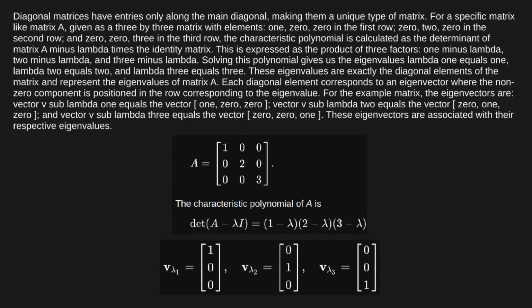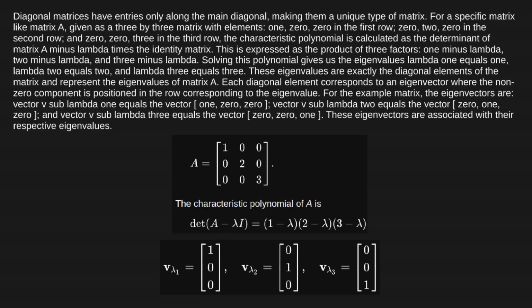Diagonal matrices have entries only along the main diagonal, making them a unique type of matrix. For a specific matrix like matrix A, given as a 3 by 3 matrix with elements 1, 0, 0 in the first row, 0, 2, 0 in the second row, and 0, 0, 3 in the third row, the characteristic polynomial is calculated as the determinant of matrix A minus lambda times the identity matrix.